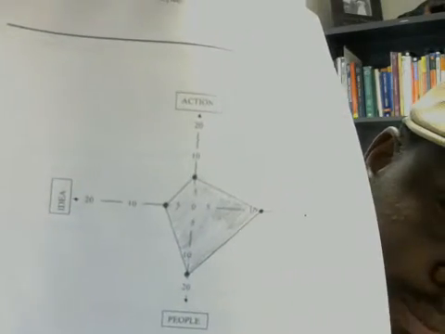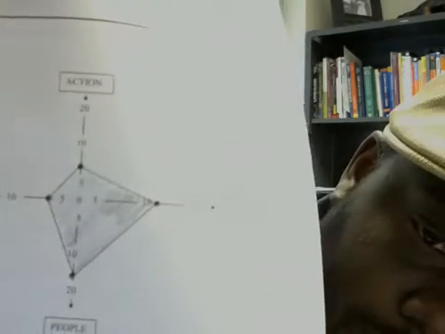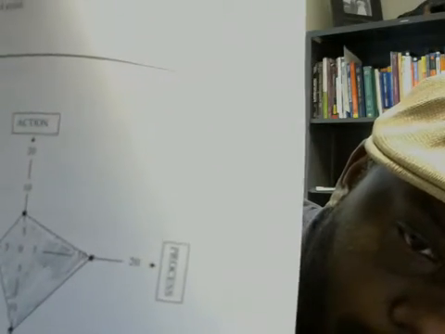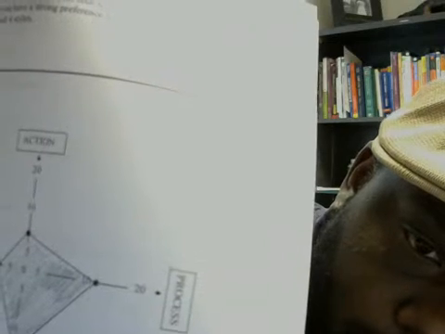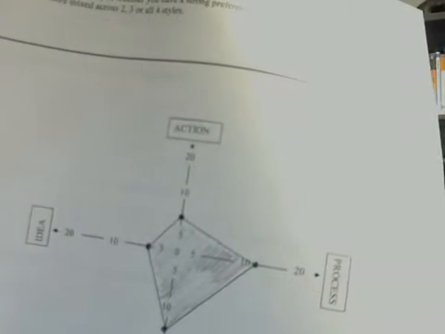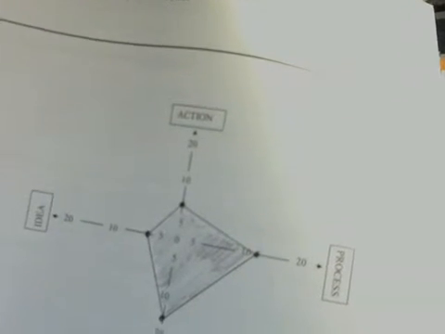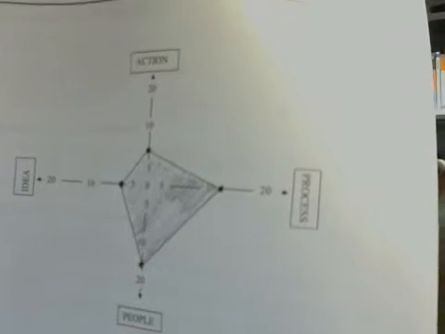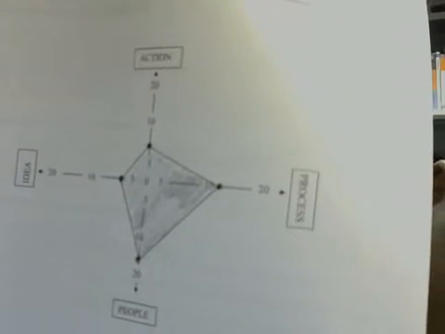So if you look at me, I scored a 7 on action, and I scored an 11 on process. I scored a 15 on people, and I scored a 7 on ideas.